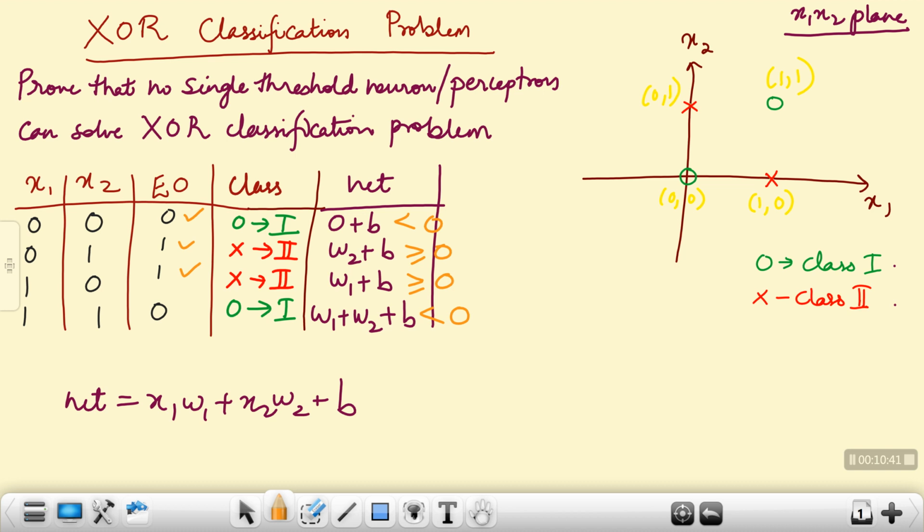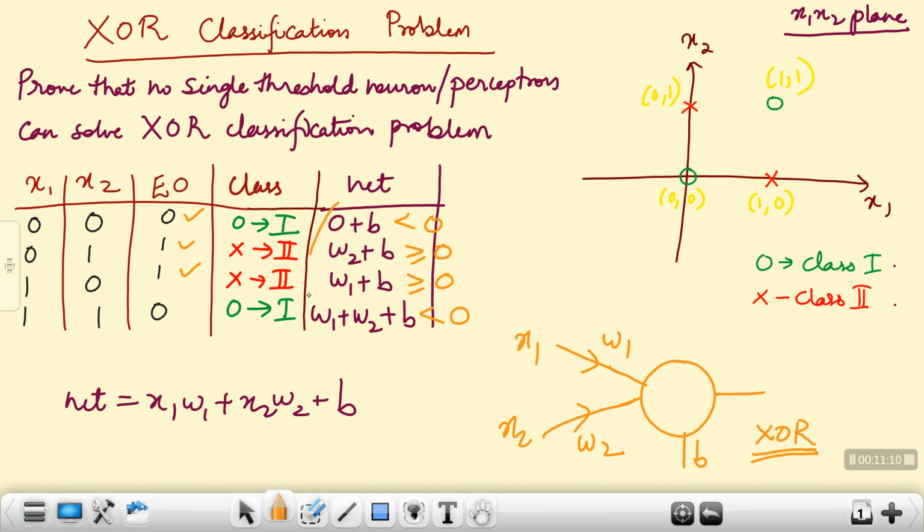This is if you are using a single threshold neuron. First we assume we are using a single neuron with inputs x1, x2, weights w1, w2, and a bias, to solve this problem. In order that this neuron acts as an XOR gate, these conditions should be satisfied.